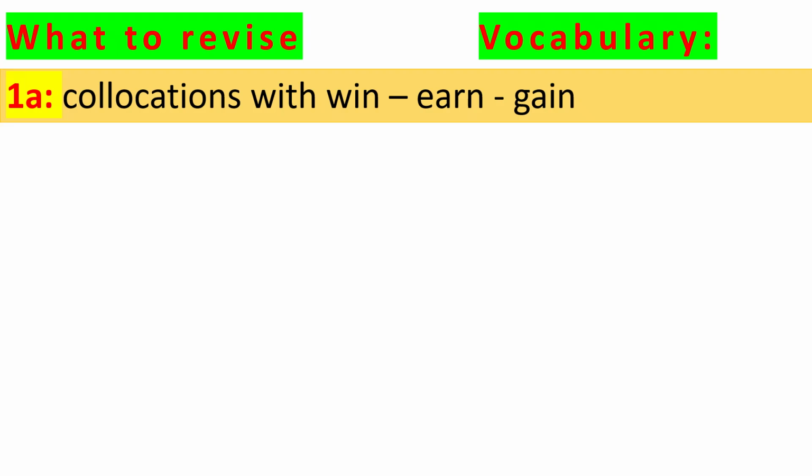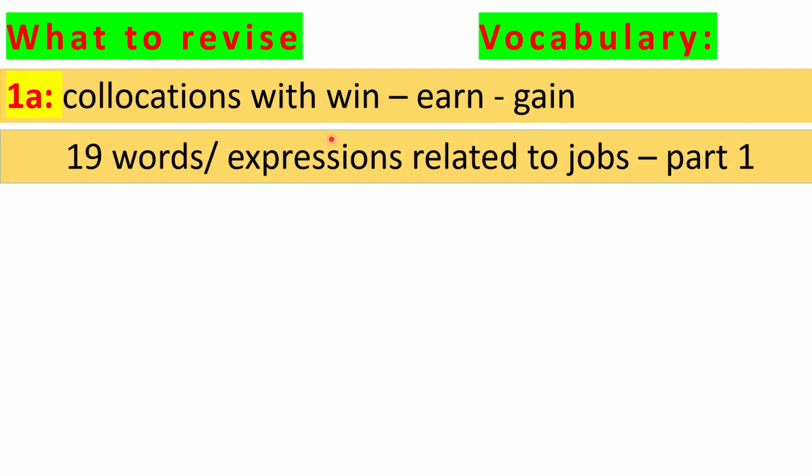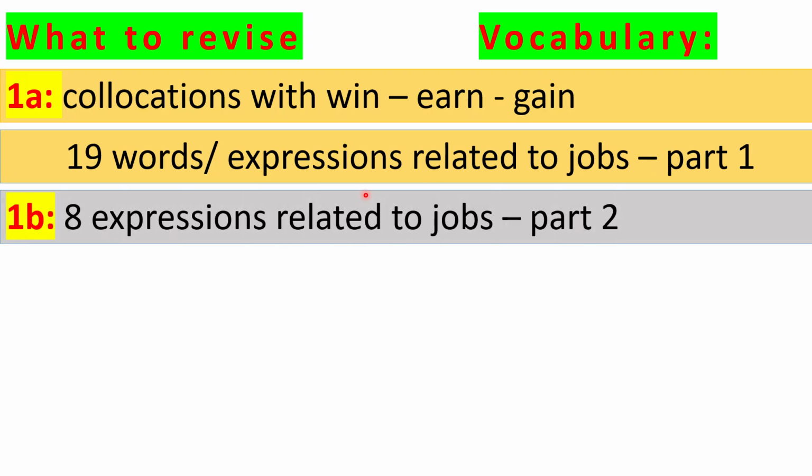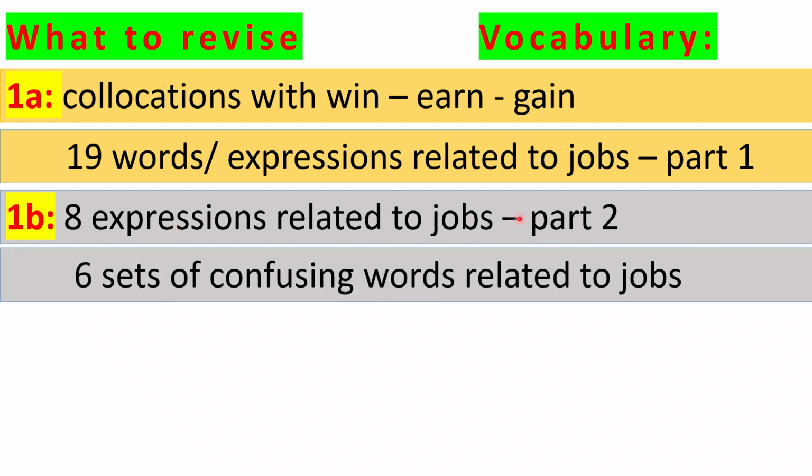So, what you need to know to revise is, first in the vocabulary, we saw lesson 1A collocations with win, earn, and gain. We also saw 19 words or expressions related to jobs. That was part 1. In lesson 2, which is vocabulary 1B, we saw 8 expressions related to jobs, which is part 2, and also 6 sets of confusing words related to jobs.